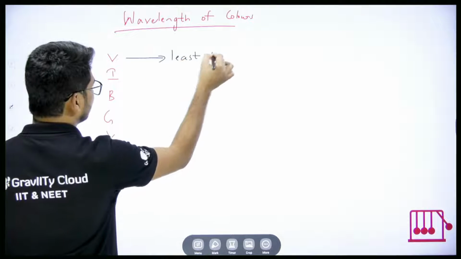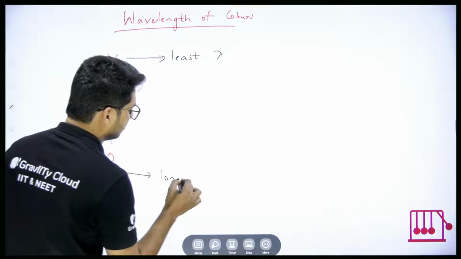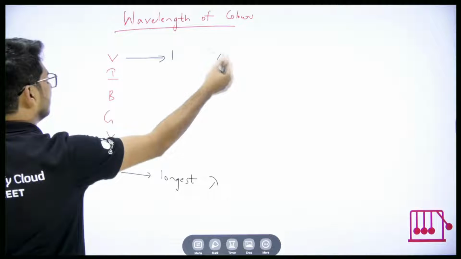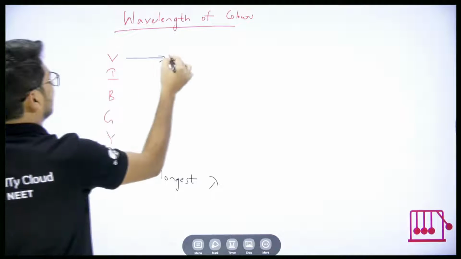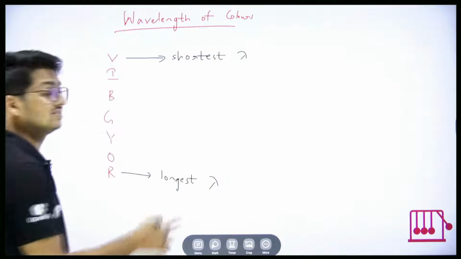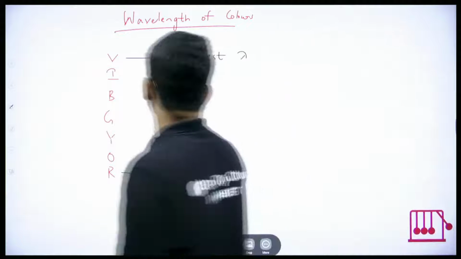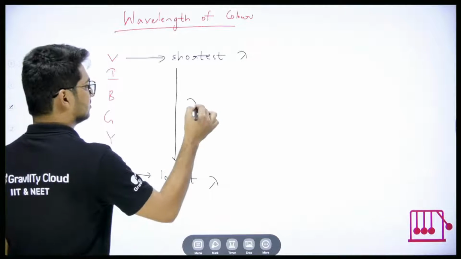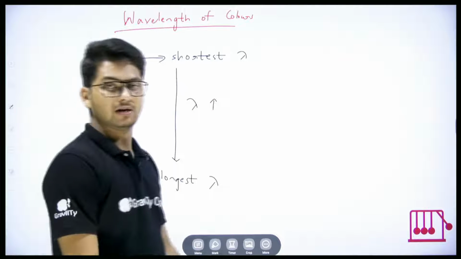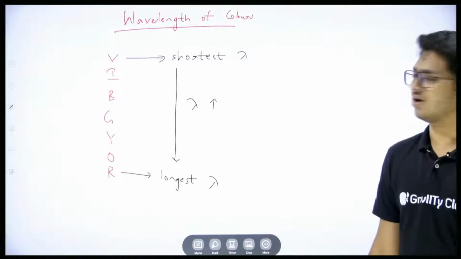Something you have to remember, everyone. Whereas red has the longest wavelength. Or else in place of least, if I go with shortest wavelength, it will be better. So violet has the shortest wavelength, whereas red has the longest wavelength. And obviously, in that order, wavelength increases from violet to red. That's important for us to understand. Why? You'll understand. Got it?